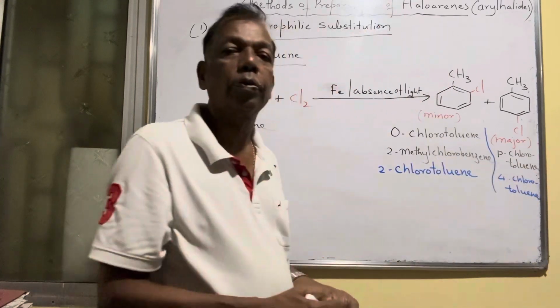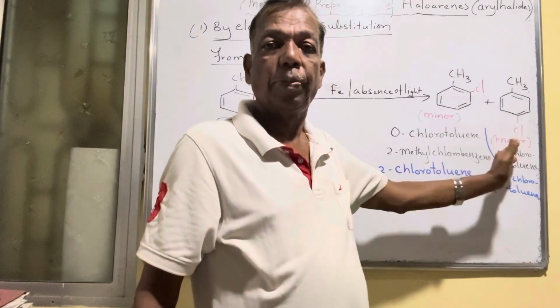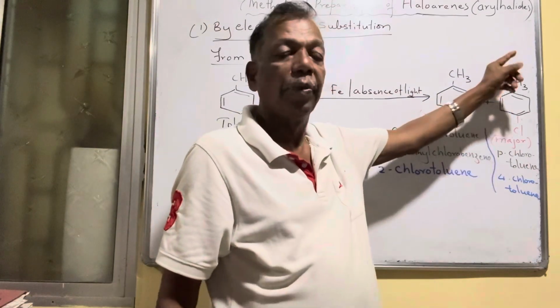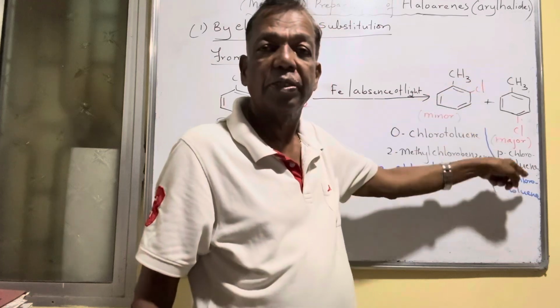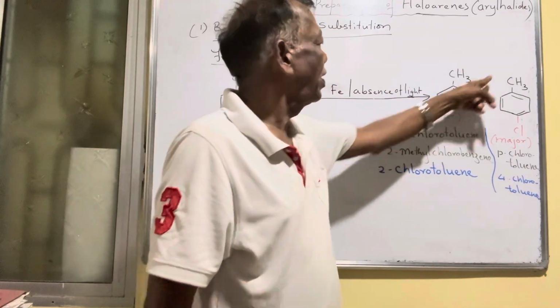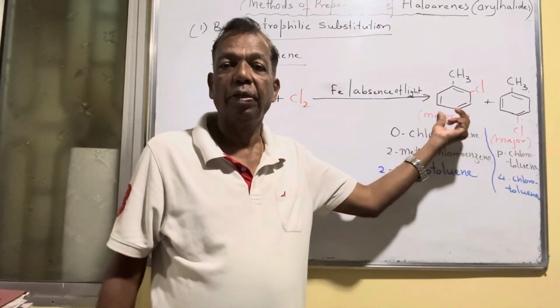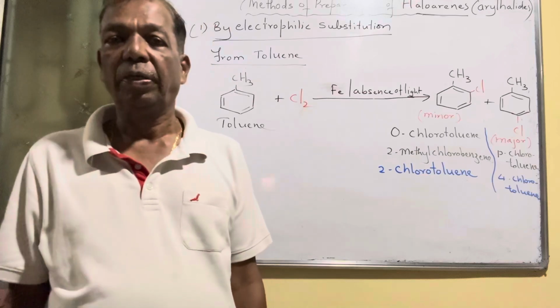So 4-chlorotoluene is the major product because it is symmetrical. Remember, chlorine and the methyl group are symmetrical to each other, so that becomes major. The other is unsymmetrical, so this is minor. Symmetrical is major.